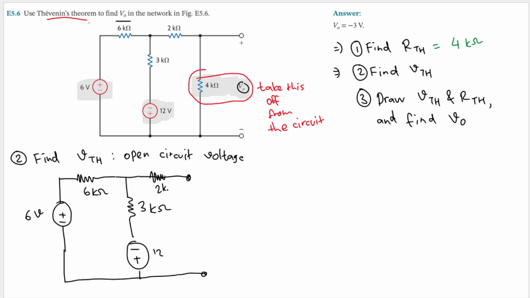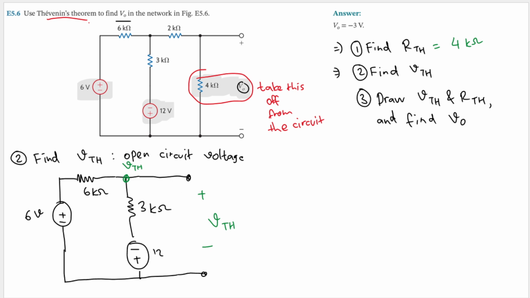But then we are looking for the open circuit voltage here, VTH, right? Because there is no current that goes here, the voltage here will also be the same as the voltage here. So this one is also VTH, right? So we don't need this 2 kilo ohm resistor. So we replace it with a short circuit like this.